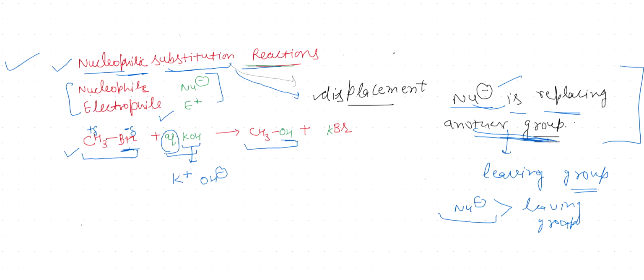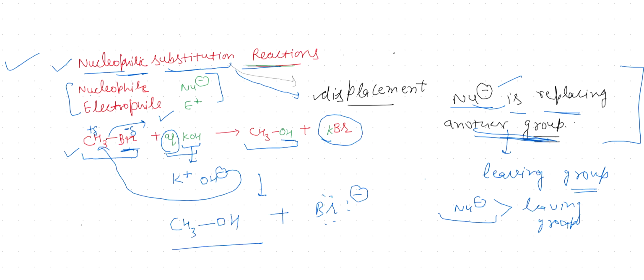This is our byproduct. What kind of mechanism is it following? This OH negative will attack the methyl group acquiring partial positive charge, and the Br group will be expelled as Br negative, and there is a formation of methanol.